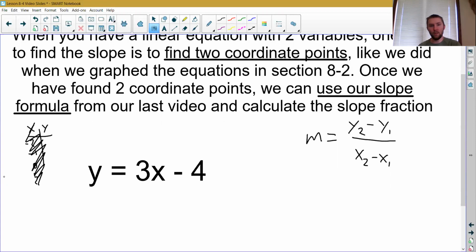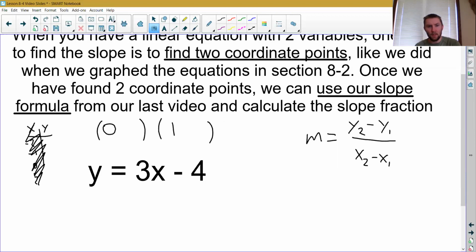I'm actually just going to create for myself 2 coordinate points, x comma y, like this, and I'm going to pick the x values, right? I'm going to get to choose the x values. Now, I think one of the easiest x values to choose is 0. And then another one that's pretty easy to use is 1.